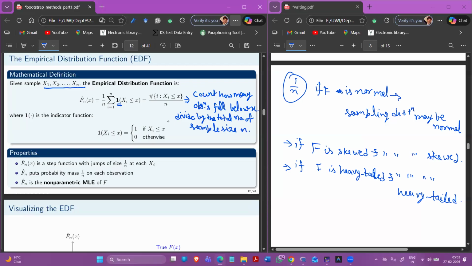All right. So here I will take the indicator function.